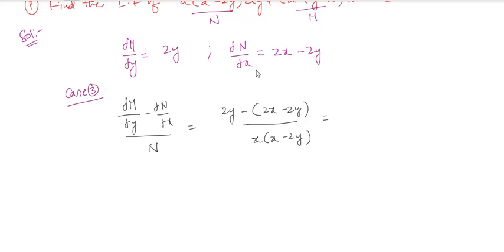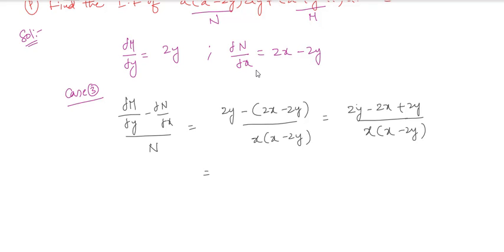Now just simplify it. You will have 2y minus of minus, so you will have plus, am I correct or not? So which is 2y minus 2x plus 2y, divided by x into (x minus 2y). I will go with simple calculations.